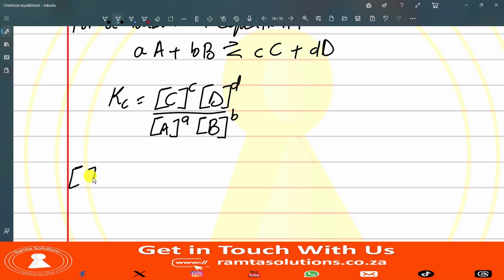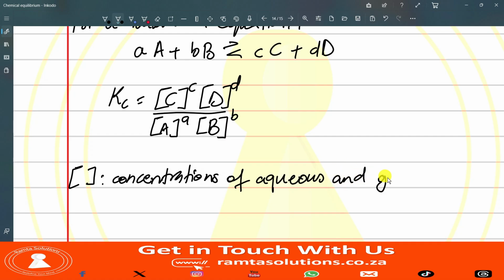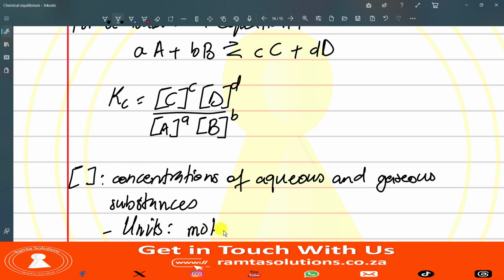So these square brackets represent concentration, concentrations of aqueous and gaseous substances. Remember, the units for you guys in grade 12 are mole per cubic decimeter.